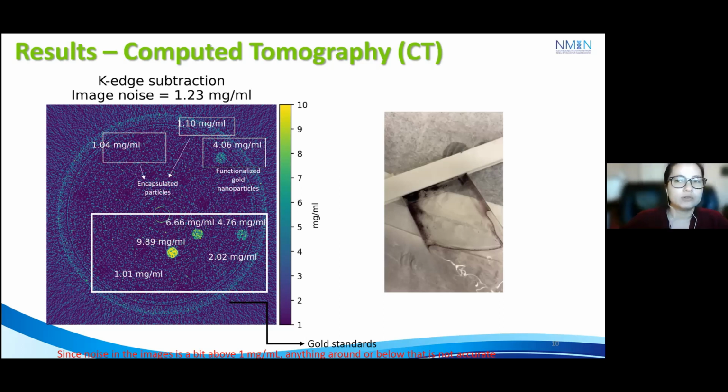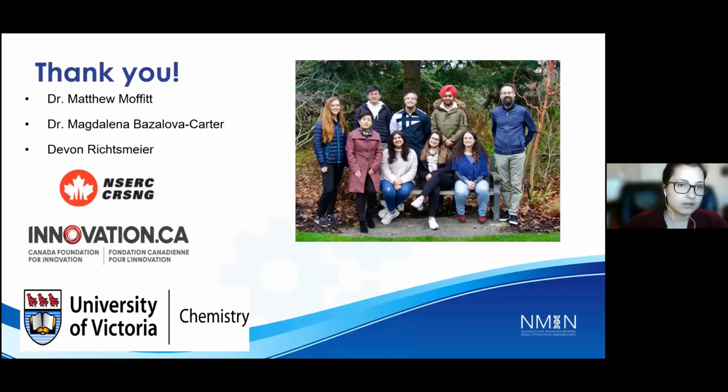And the more gold you have, the more unstable the particles are as well. You can see that there is a lot of precipitation, and that's the tricky part, and that's what I'm studying. First, I wanted to thank my supervisor and my co-supervisor in Devon, who are the people responsible for the CT imaging part of my research, and they've been very helpful.